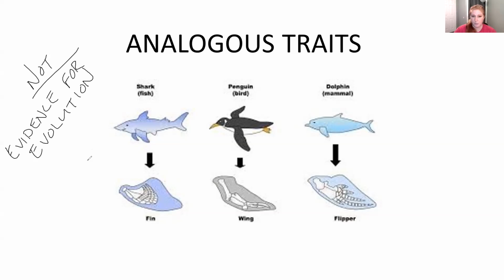So homologous traits are because of a common ancestor, and analogous traits are due to a similar need, based on a shared environment.